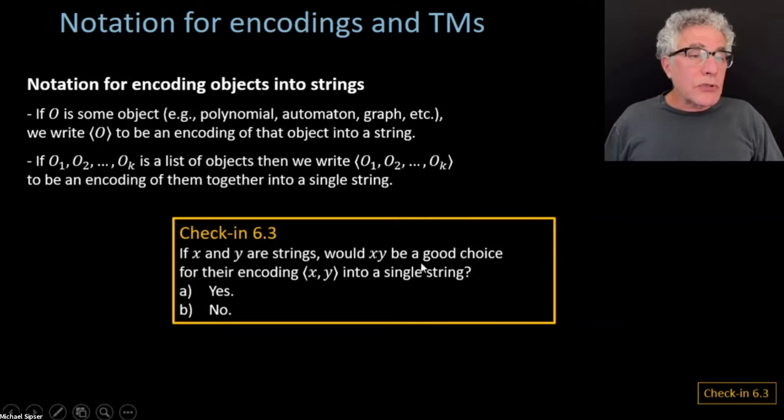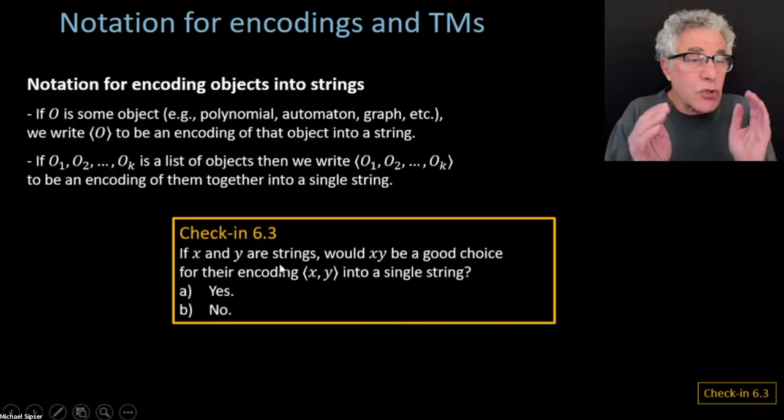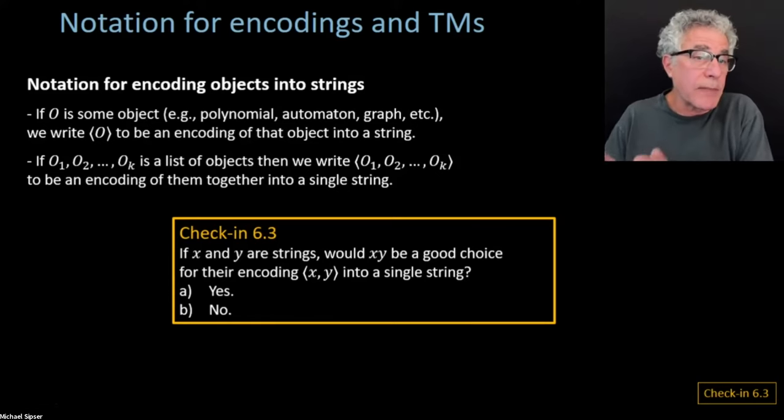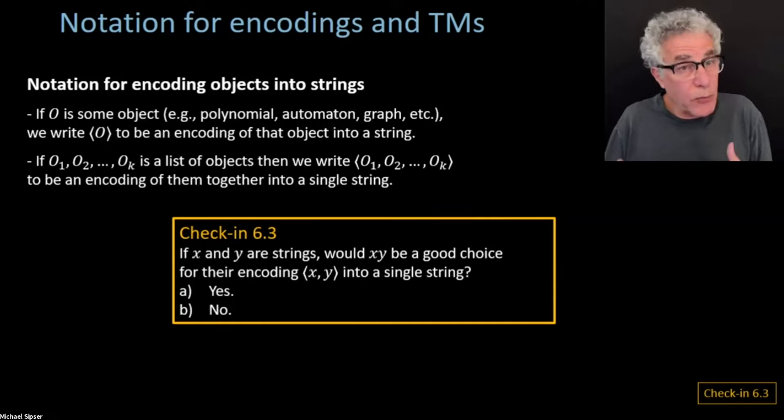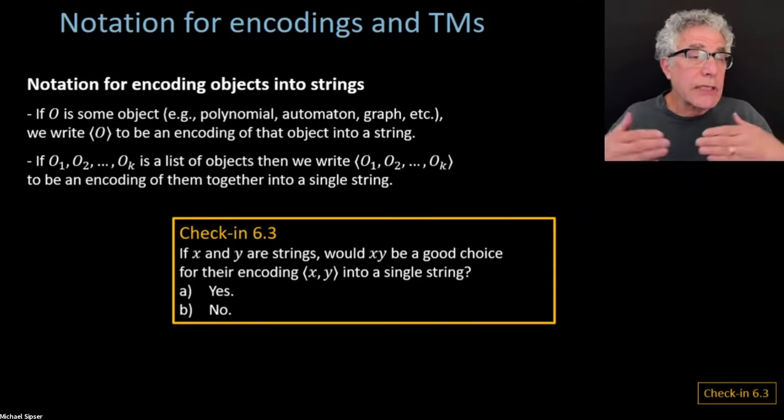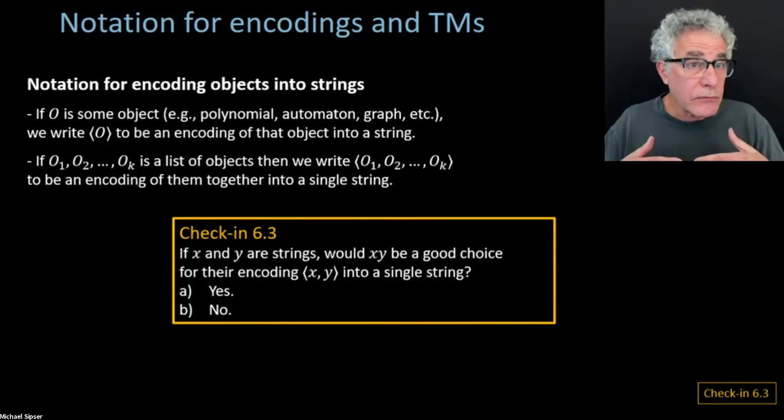So if X and Y are strings, I want to now have a way of presenting two strings as a single string as input to my machine, because I always think of my machine as getting a single input. So would you suggest one way of combining two strings into one, which would be a good encoding, is just to concatenate those two strings together?